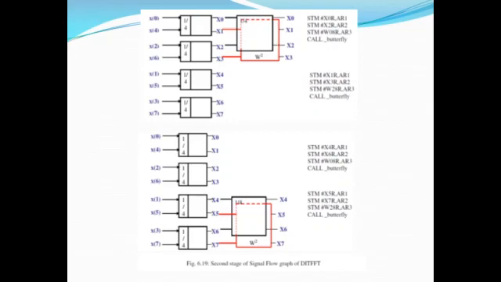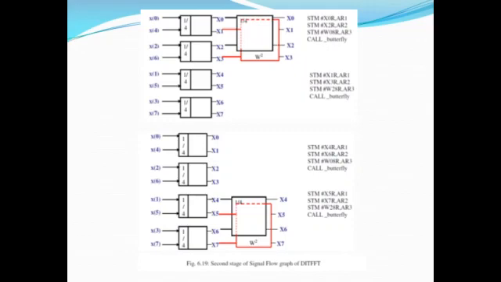Similarly here we are going to load x0R in AR1, x2R in AR2, giving the output in AR3 by considering W8 power 0 and W8 power 2. So this is for W8 power 0, this is for W8 power 2. Similarly W8 power 2 and W8 power 0.